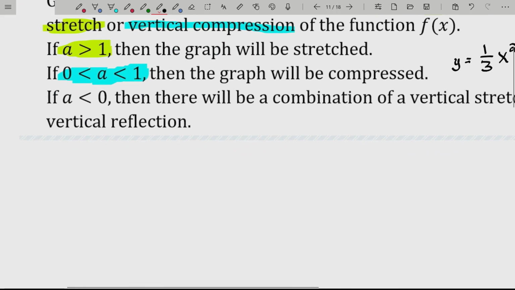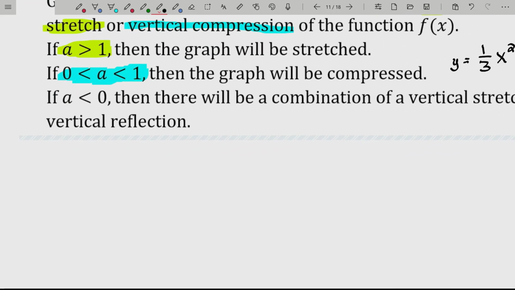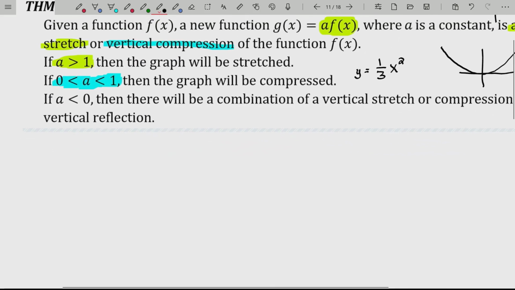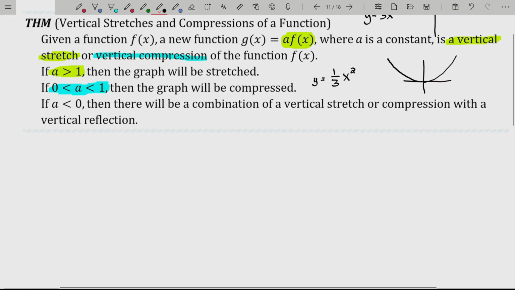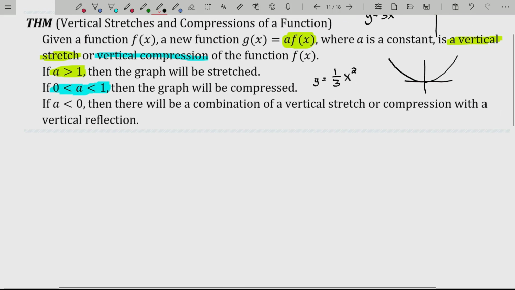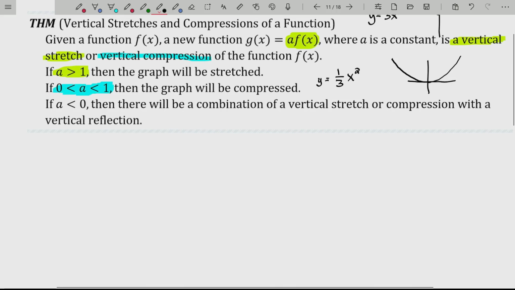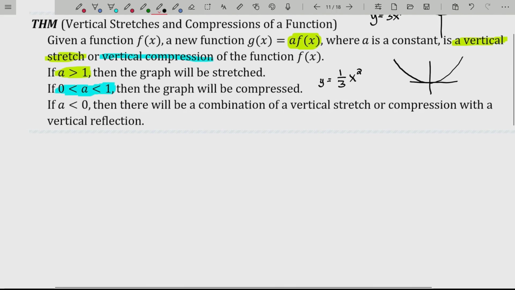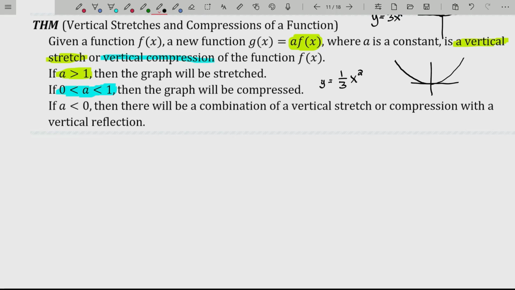Finally, the last line here: if a is negative, then there will be a combination of a vertical stretch or compression with a vertical reflection. In the lecture prior to the last lecture, we talked about a function with a negative lead coefficient, so a negative in front of a function, such as negative sine of x.